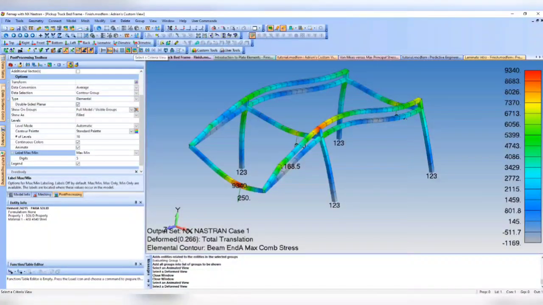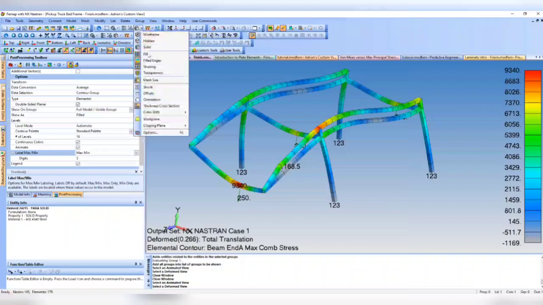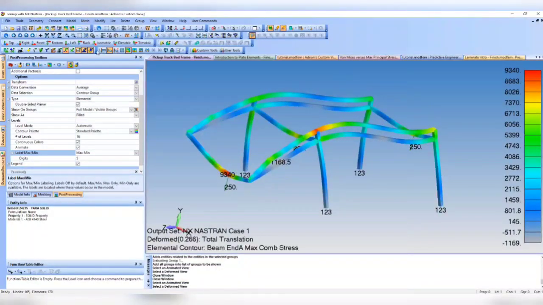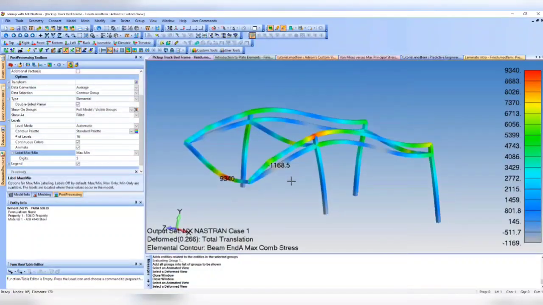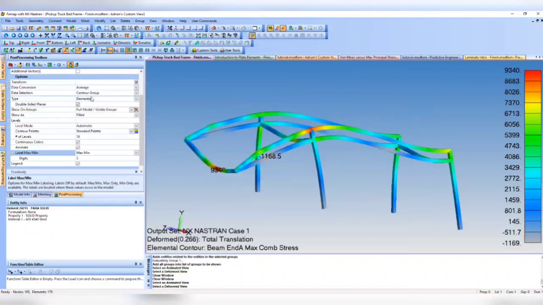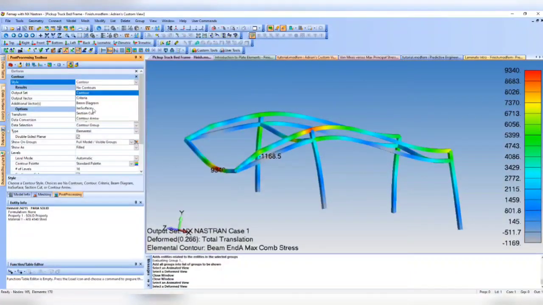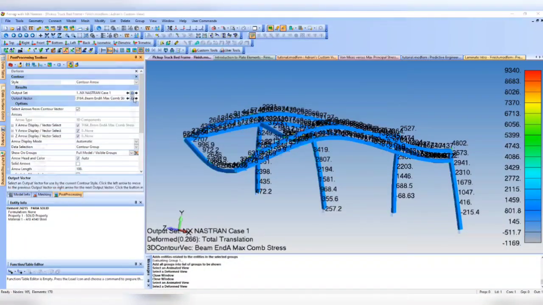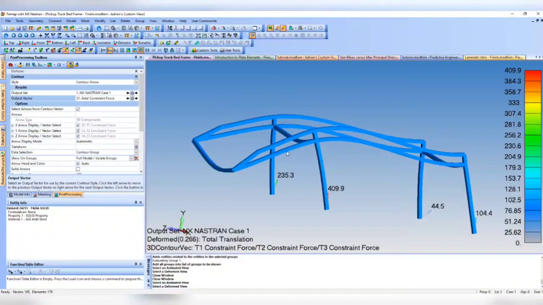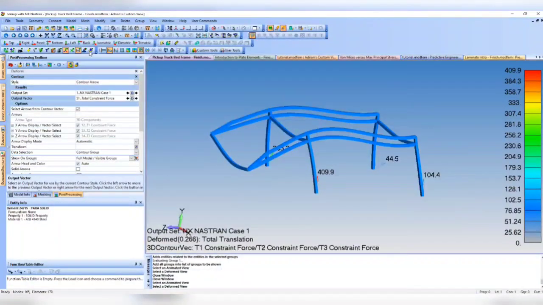Let's go ahead and try to visualize that better by turning off filled edges so you can see. So you can see that it's lighting up here and lighting up here. Another thing you can do to validate your model is to look at your constraint forces and see if they make sense.